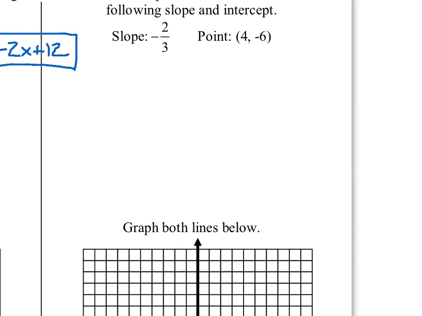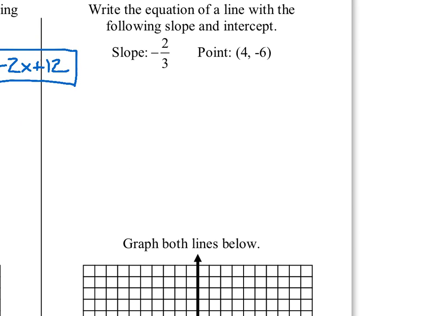All right, last problem. Once again, we are given a slope and a point, not an intercept. I know this is not an intercept because it doesn't have 0 for x or y. So we're going to plug in y equals mx plus b. We know the m is the slope, negative 2/3, plus b.